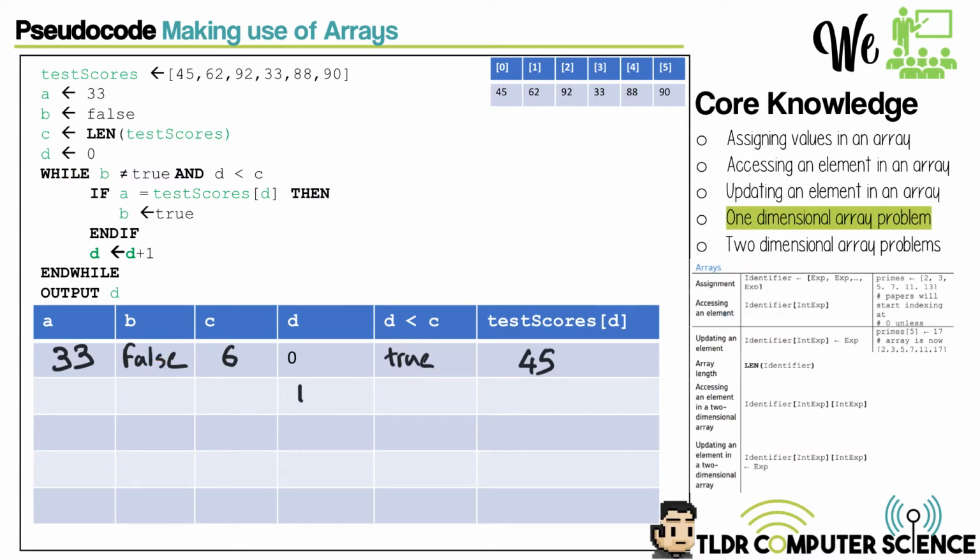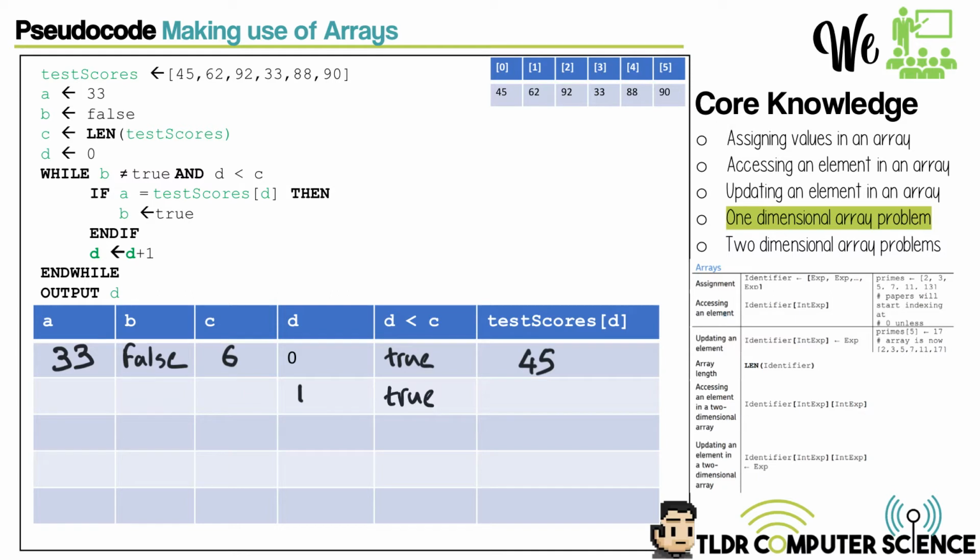B could change if we're in here, but it hasn't happened yet. What we want to do now is come back in here and say, is B not equal to true? Well, B is still false, so it isn't equal to true. And D is less than C. Is 1 less than 6? Yes, it is. So that's still true.